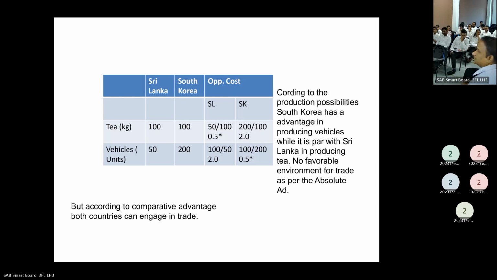Because when you come to the tea, both countries are equal. But if you calculate the opportunity cost, the relative cost, we can identify that both countries can engage in international trade based on the comparative advantage.